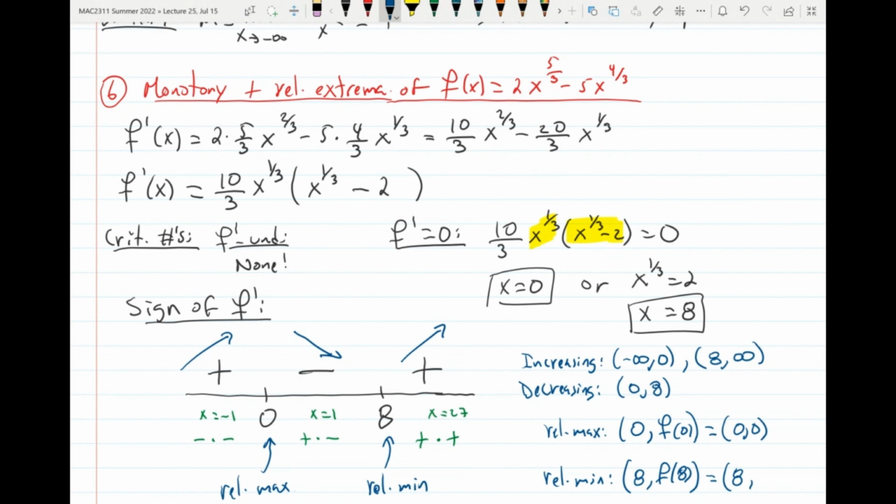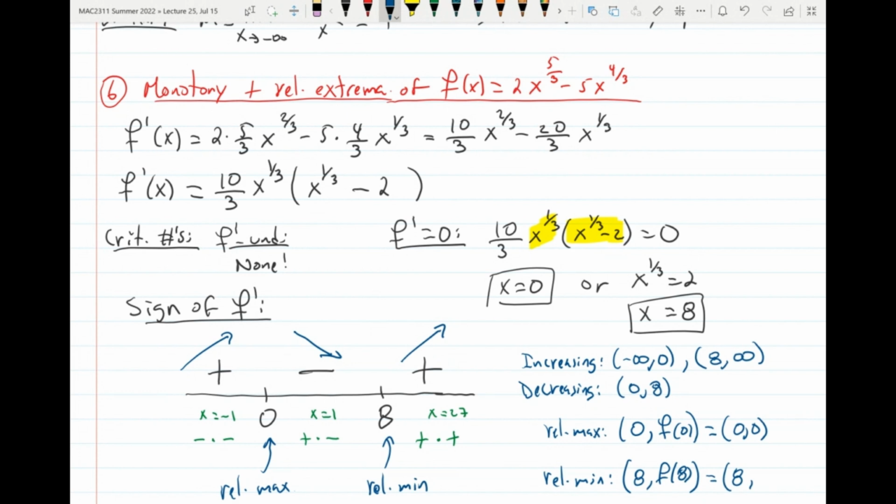So that's going to be 8 to the 5th power times 2, then minus 5 times, no, it's not 8, it's 2 to the 5th power. Wait.